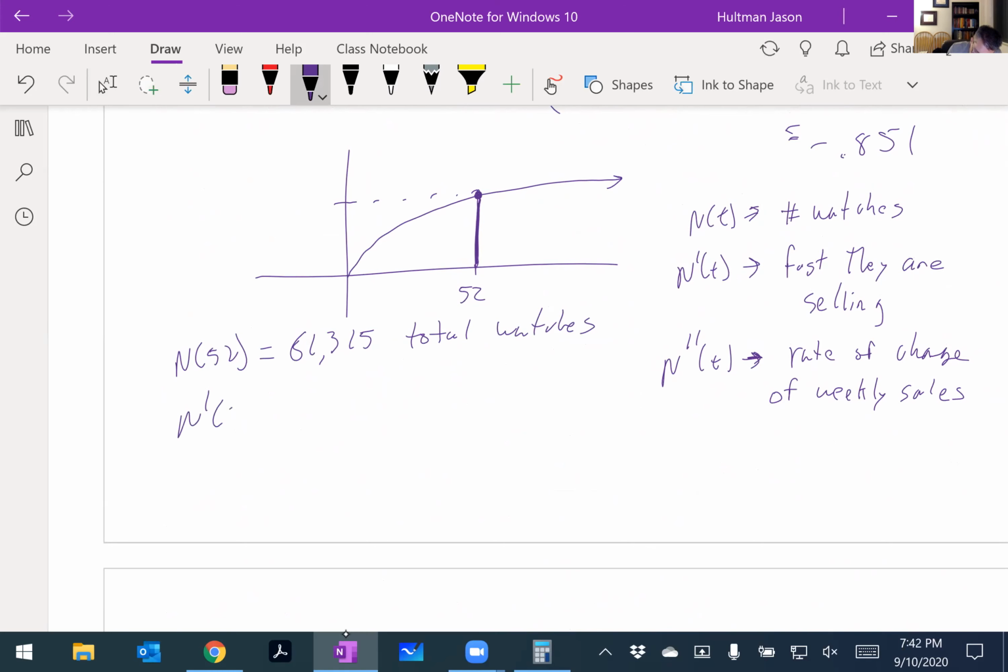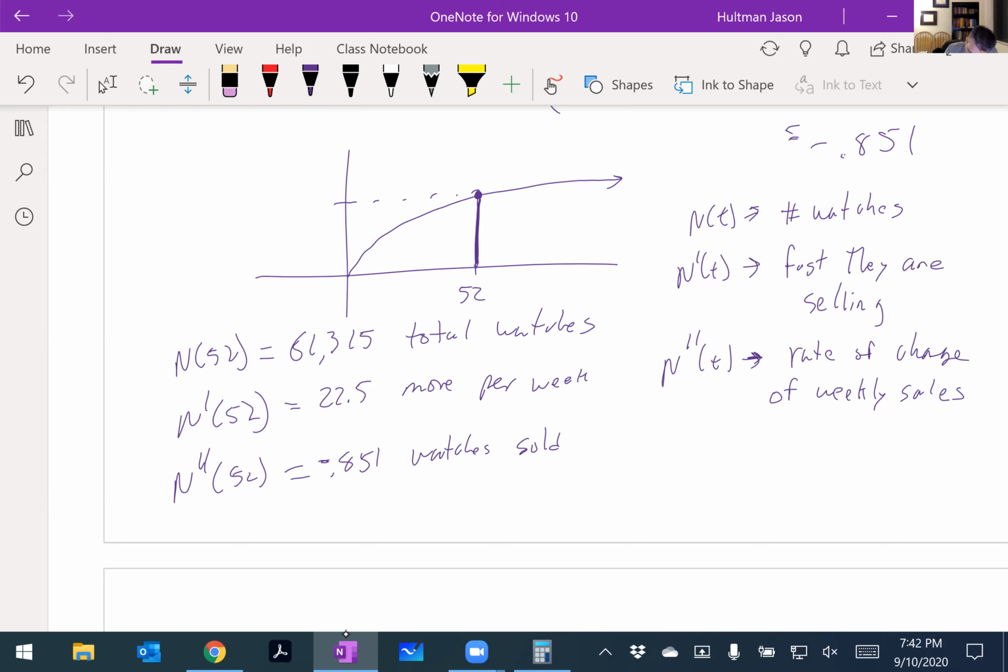What was n prime of 52? Well, that's how many more I'm selling each day. This is 22.5 more per day. And what was n double prime of 52? Well, that's negative 0.851 watches. I'm sorry, this is per week, watches sold per week.